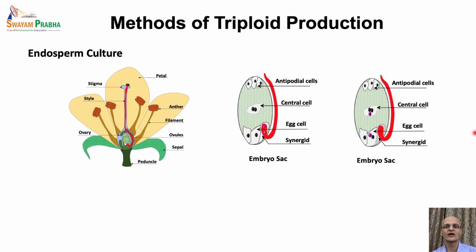So therefore it already has two sets of chromosomes, and the fusion of the second male nucleus with the secondary nucleus results in a triploid cell which develops into the endosperm. This endosperm is a nutritive tissue and provides nutrition to the growing or germinating embryo.